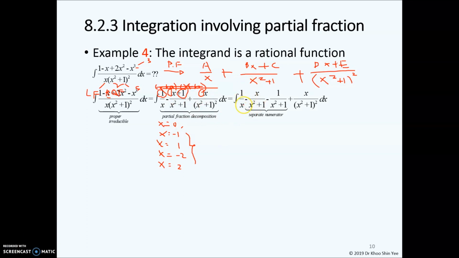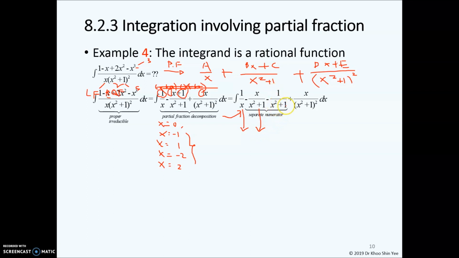So we can continue. We can further simplify it by separating the numerator. This part you can basically solve using the basic integration rule, you get the ln of x squared plus x. You differentiate, you get 2x here. So this one you can use substitution to get the ln part as well.